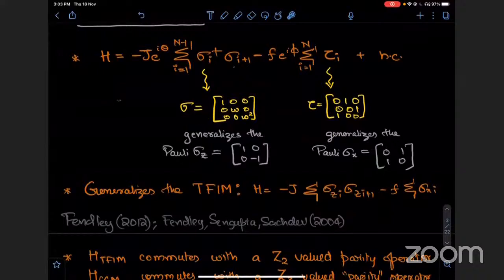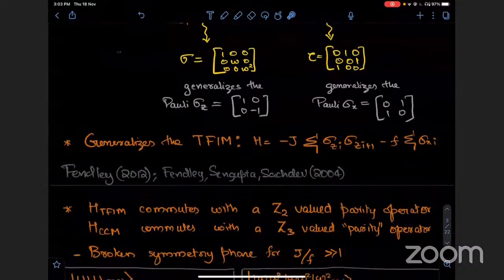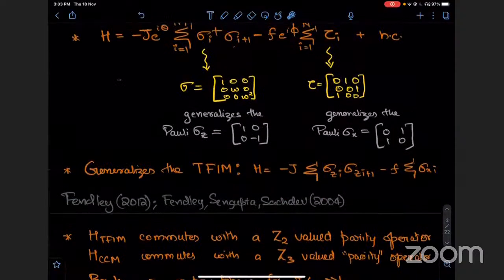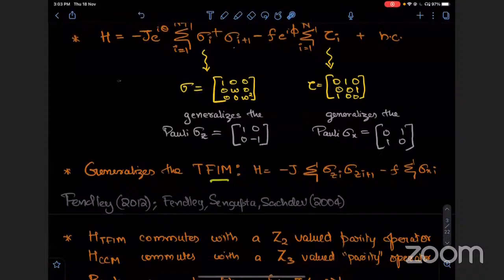Sigma generalizes the Pauli sigma z matrix, in which the diagonal entries are square roots of unity, and tau generalizes the Pauli sigma x matrix, which is a cyclic permutation in two dimensions. And the whole Hamiltonian essentially generalizes the transverse field Ising model, which has a very similar form.